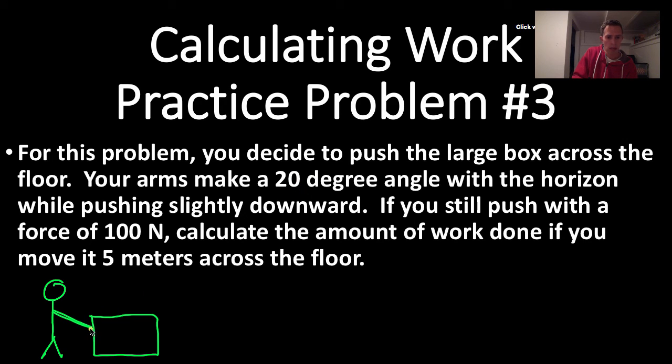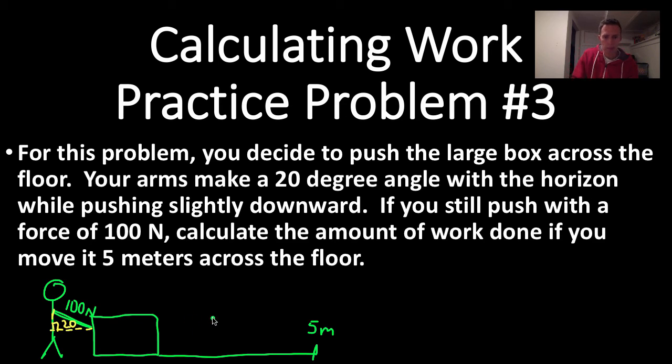And so if we draw in the horizontal here, and draw in our right triangle, this angle right here would be 20 degrees. It's a little bit small, hopefully you can see that. But it says that you're still pushing with a force of 100 newtons. So the 100 newtons is the hypotenuse of this triangle. Your arms are the hypotenuse. And so you're going to push it again for a total distance across the floor of 5 meters.